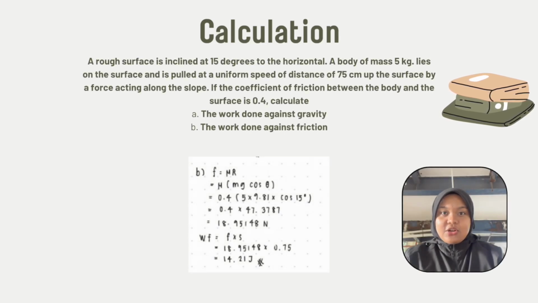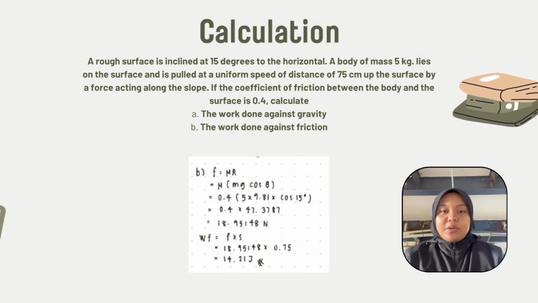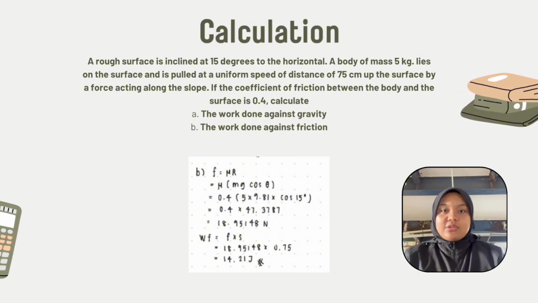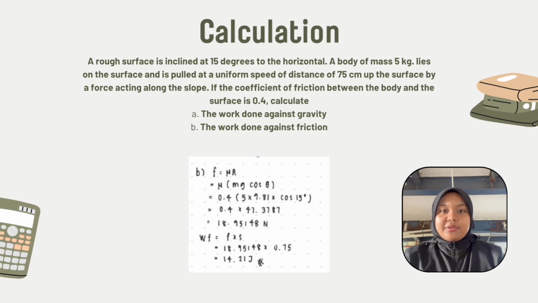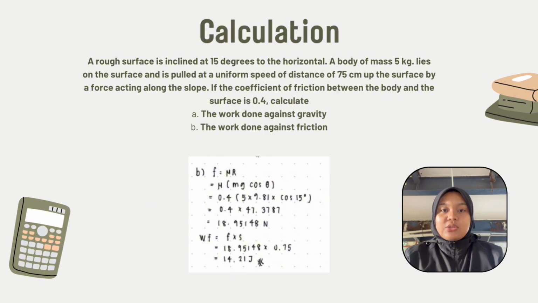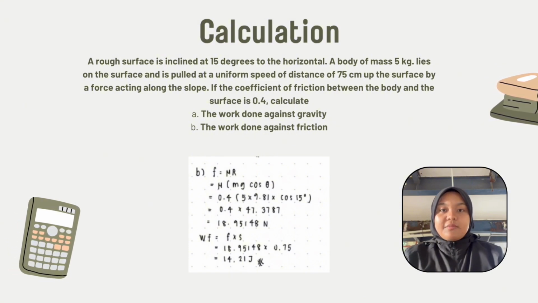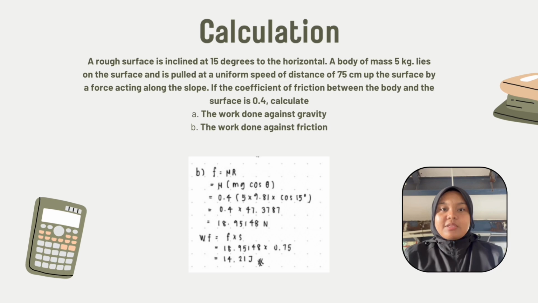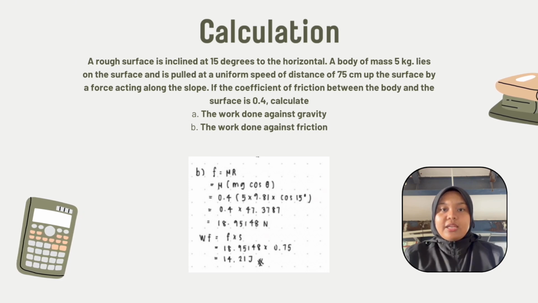The frictional force on an incline is given by force equals mu times R, where mu is the coefficient of friction equals 0.4 and R is the normal reaction equals mg times cos theta. So R equals 5 times 9.81 times cos 15 equals 47.3787 Newtons, and frictional force equals 0.4 times normal reaction, and finally we get 18.95148 Newtons.